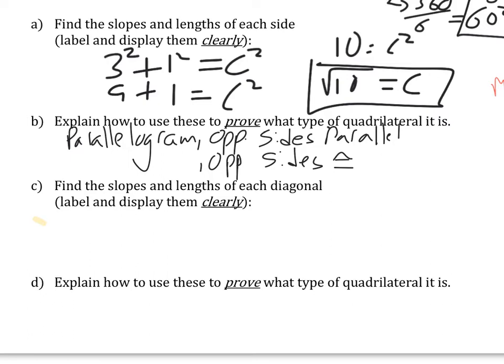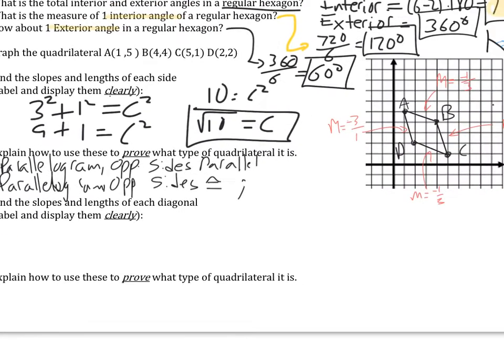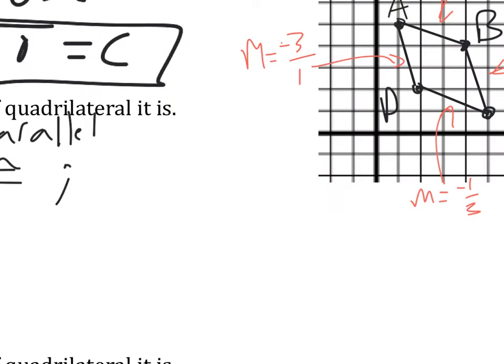Also, we showed that all the sides are congruent, so we can say that it's a rhombus. We have two ways of saying it's a parallelogram, and we'll take one. We'll also say it's a rhombus because we showed all sides are congruent.